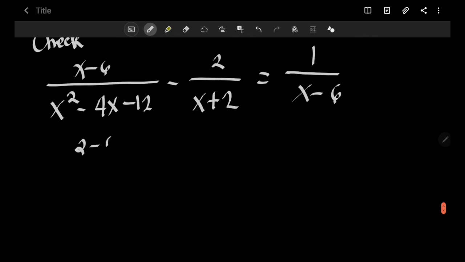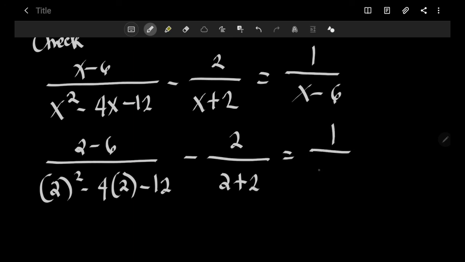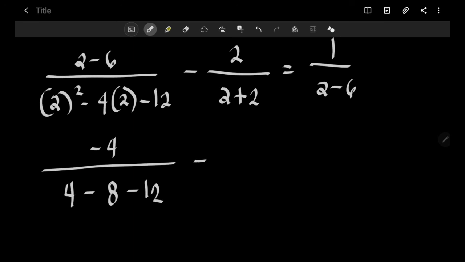We have 2 minus 6 all over 2 squared minus 4 multiplied by 2 minus 12 minus 2 all over 2 plus 2. Is it equal to 1 all over 2 minus 6? So, let us simplify. We have negative 4 all over 4 minus 8 minus 12 minus 2 all over 4. Is it equal to 1 all over negative 4?